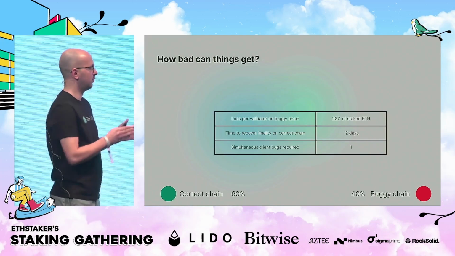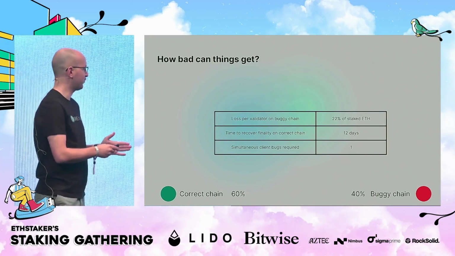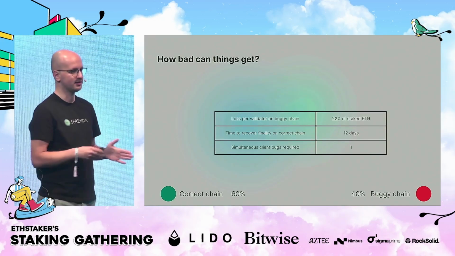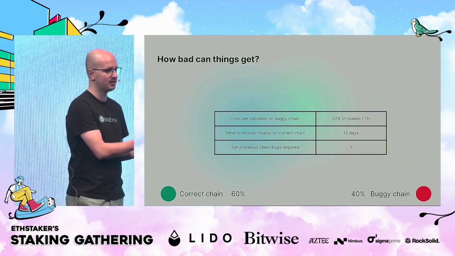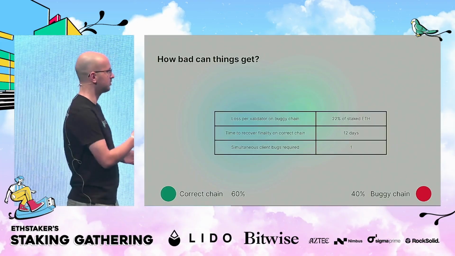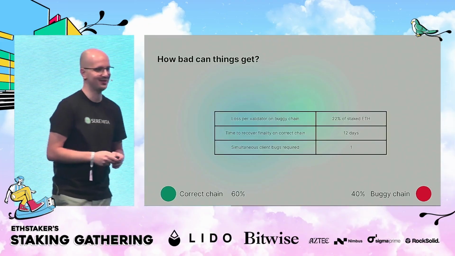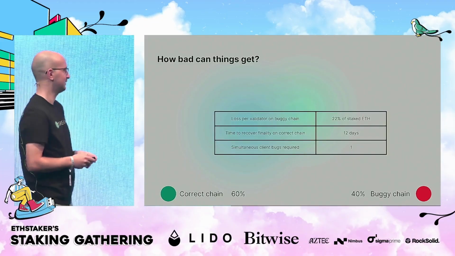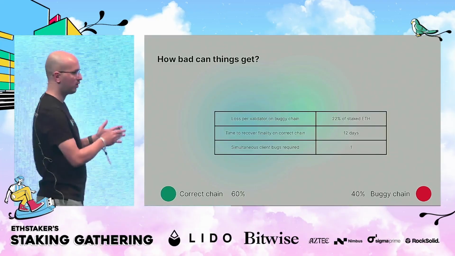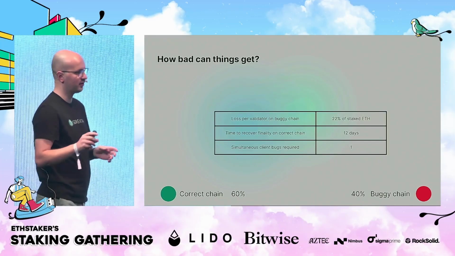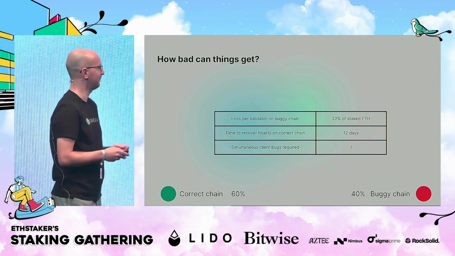And even though the 40% is unable to finalize their chain, it can still get quite messy, and the people that vote for this 40% buggy chain can still lose up to 22% of their staked ETH, which is quite a lot. And for this kind of scenario to happen on mainnet today, only 1 client bug is needed. A very specific kind of bug, but still.